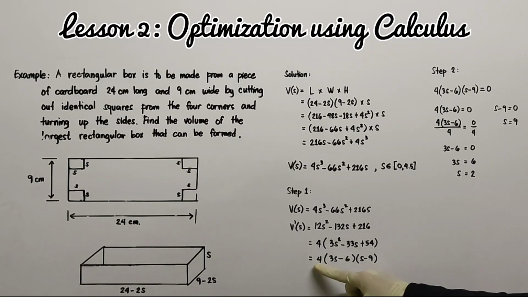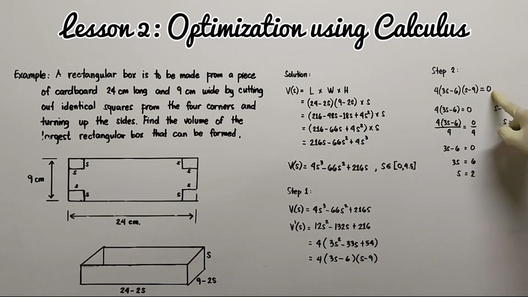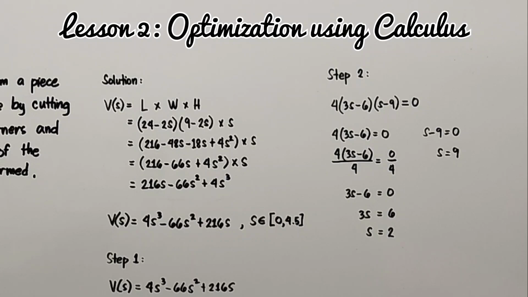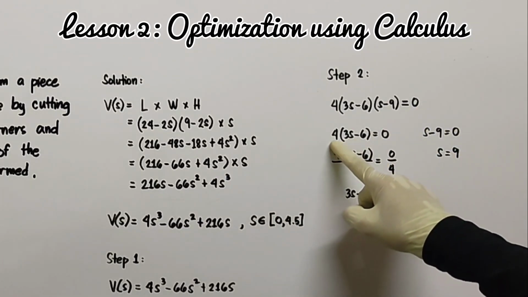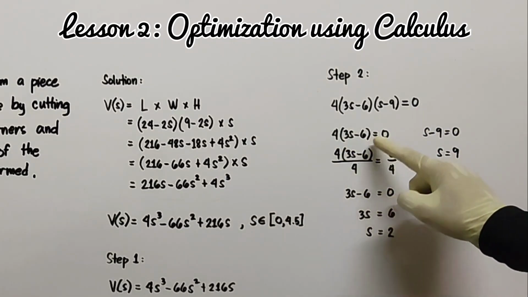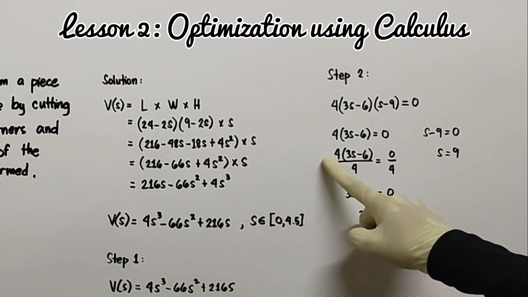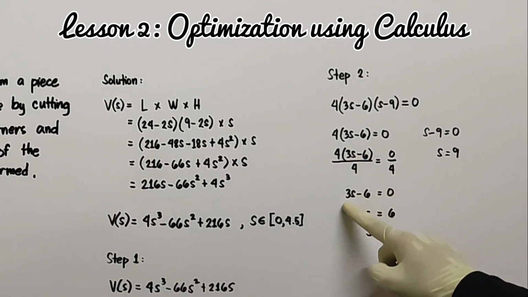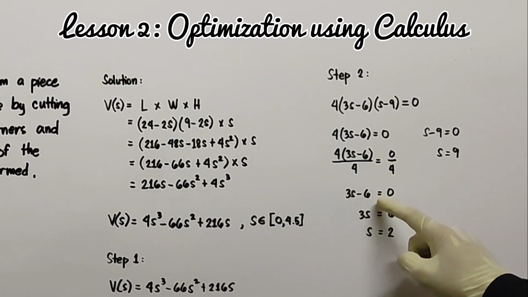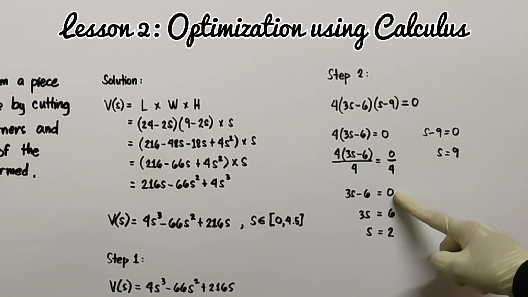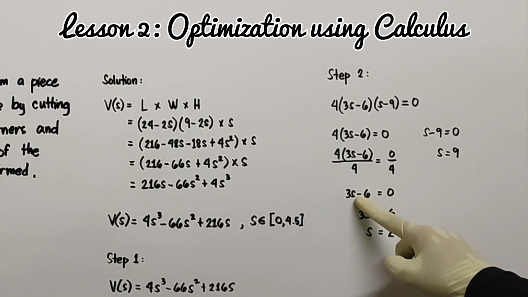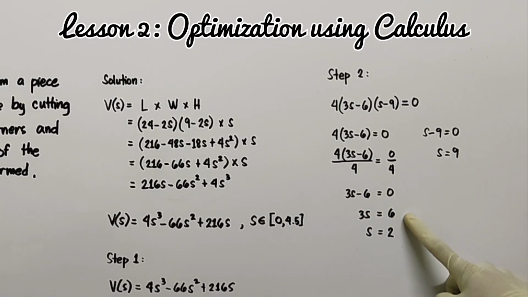For step 2, we will equate this derivative to 0. So one by one, we will equate the factors to 0. The first one is 4 times 3s minus 6 equals 0. So we will divide both sides by 4. That becomes 3s minus 6 equals 0 divided by 4, which is 0. The additive inverse of negative 6 is positive 6.